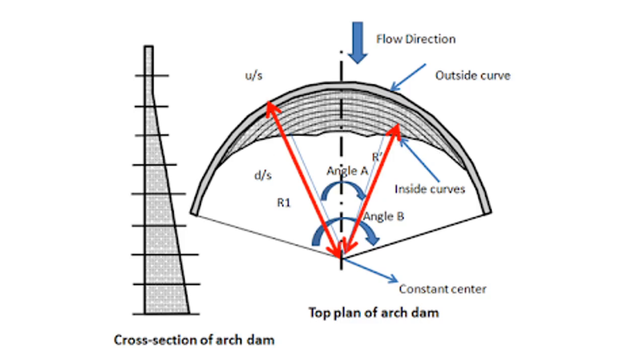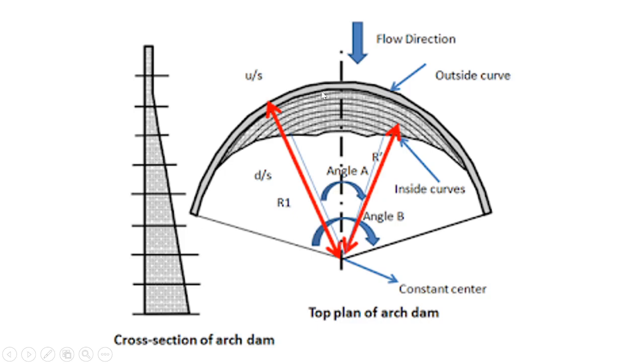So understand the difference between the upstream face and downstream face of an arch dam. This is the upstream face where water is being stored, and this is the downstream face to which through the spillway we will take water outside.